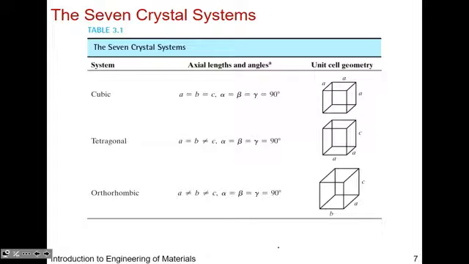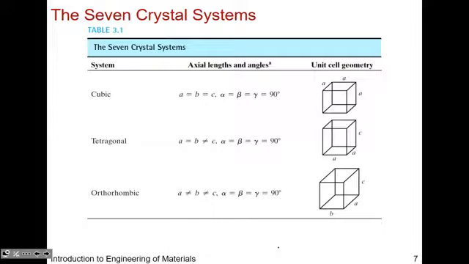the parameters that you see on this slide are the lattice parameters. The lattice parameters consist of the unit cell length. If they're all the same, as in the cubic system, then the lattice parameters A, B, and C are the same.